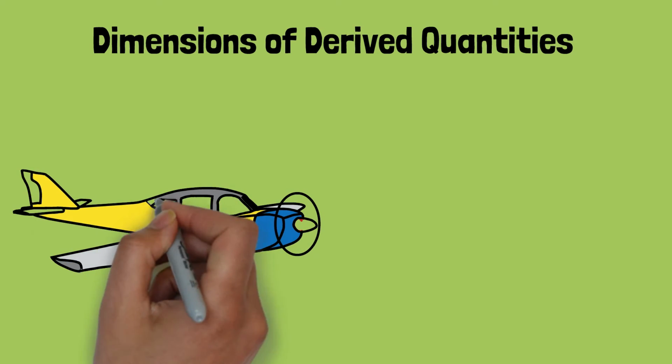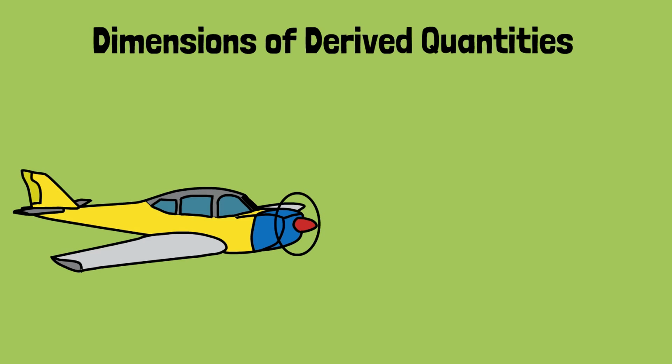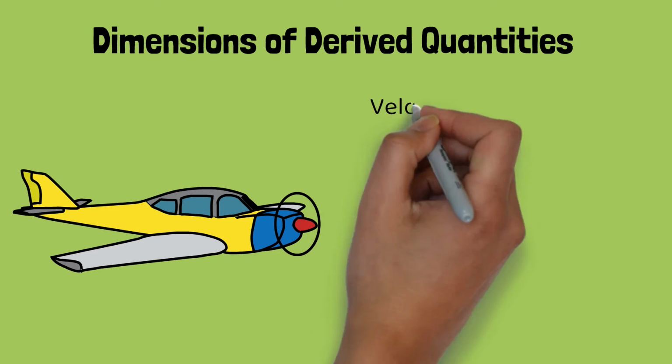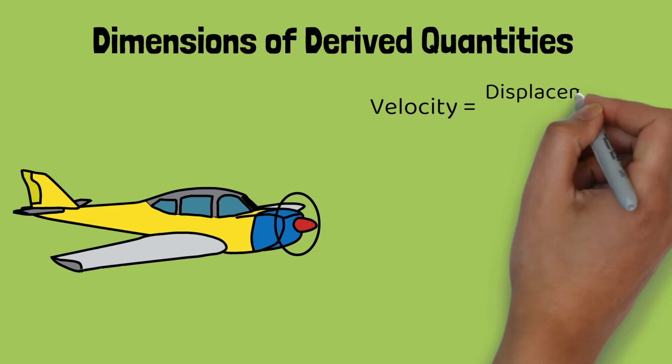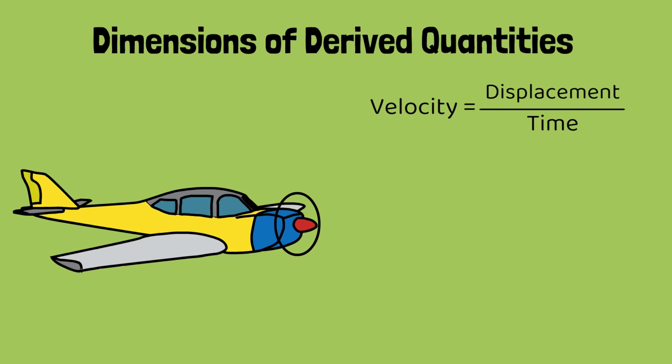For example, if we need to find dimensions of a derived quantity velocity, and its basic formula is displacement over time.